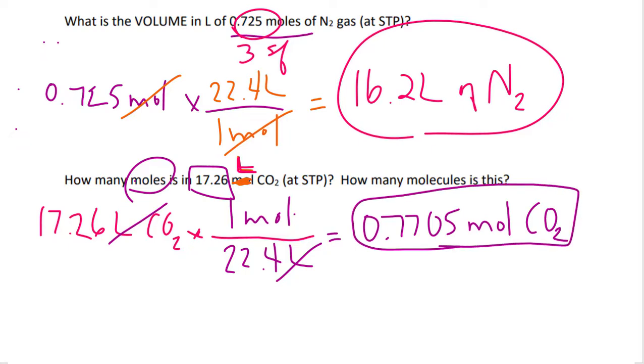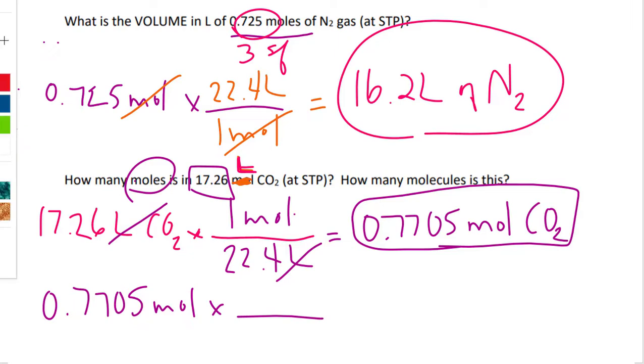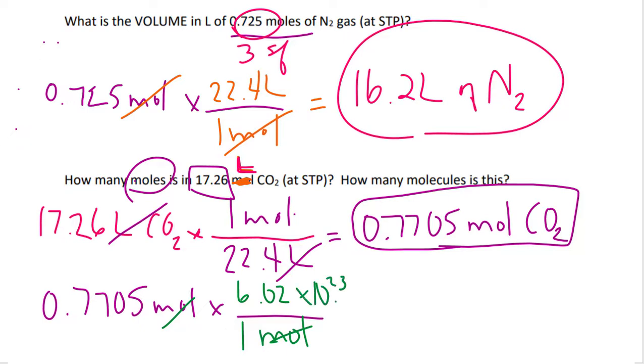And then to get to molecules, I'm going to start with the moles that I'm given, my 0.7705 moles, and I'm going to convert from moles to molecules, knowing that 1 mole, and have moles on the bottom, is 6.02 times 10 to the 23rd molecules. And I'm going to write out the whole word molecules because if I abbreviate it, it kind of looks like moles.